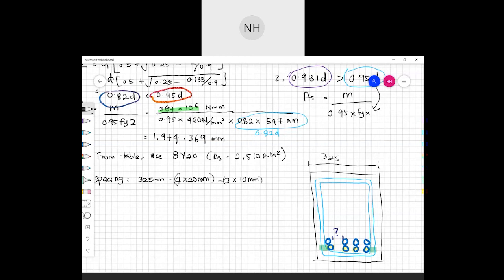Okay. And then we have the other one, what we call this? Concrete cover juga. Kanan dan kiri concrete cover yang dia punya thickness is 25. So minus 2 darab 25. Okay. So we know that this is concrete cover, this is diameter of link, and this is like bar.